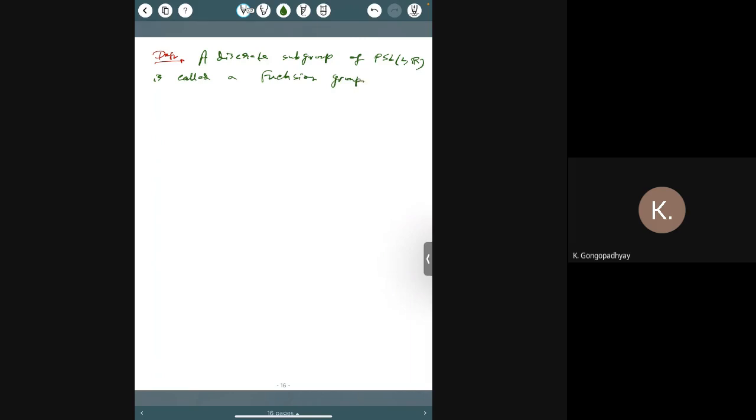Okay. So now I will end by a characterization of Fuchsian group. For that, I will make another definition. Now, this definition is actually not specific to this hyperbolic plane geometry. So I will make the definition very general.